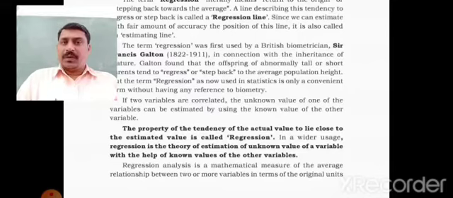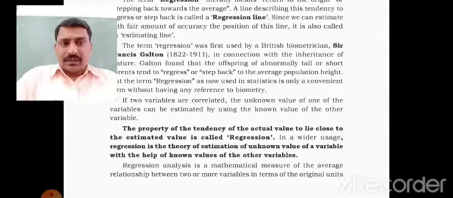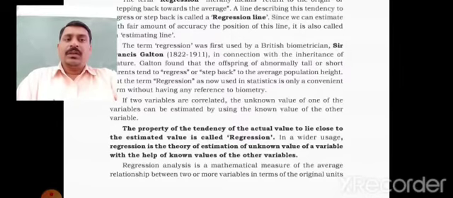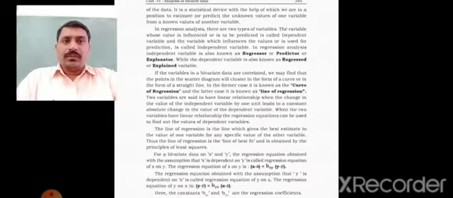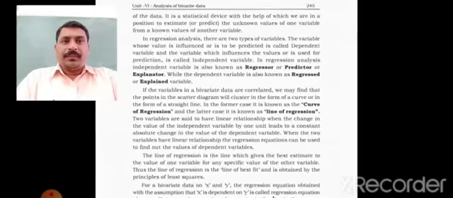When two variables are interdependent, for one variable we identify the other, assuming that one is dependent on the other. With the help of one variable we estimate the value of the other variable. It is a mathematical measure of the average relationship between two or more variables, expressed in terms of the original units of the data.